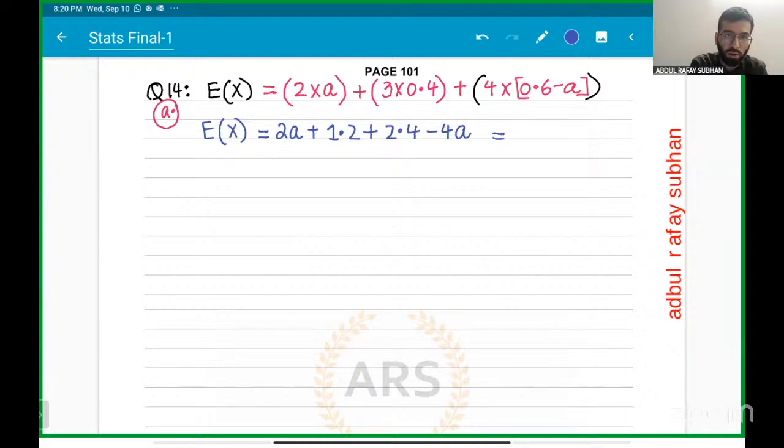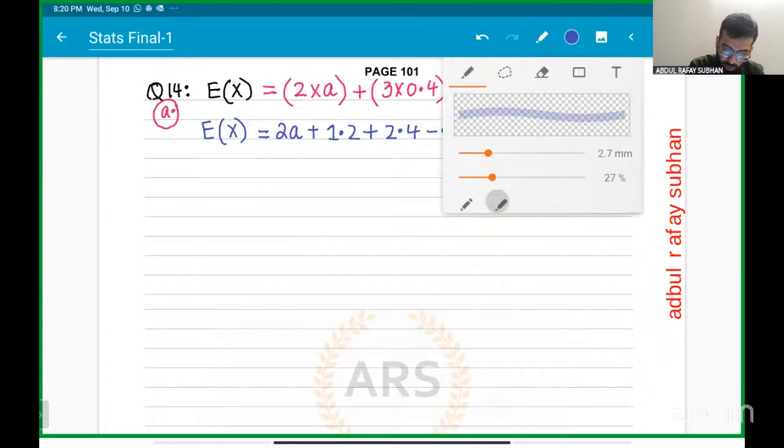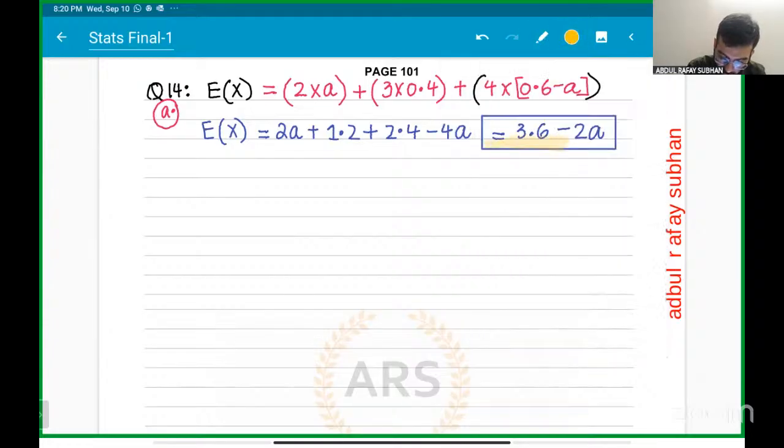Let's continue. 1.2 plus 2.4 is 3.6, and 2A minus 4A is negative 2A. That is what we get, students, as the mean in terms of A. Is everyone clear? We got the mean in terms of A, which is 3.6 minus 2 times A. Any questions? Part A is done.